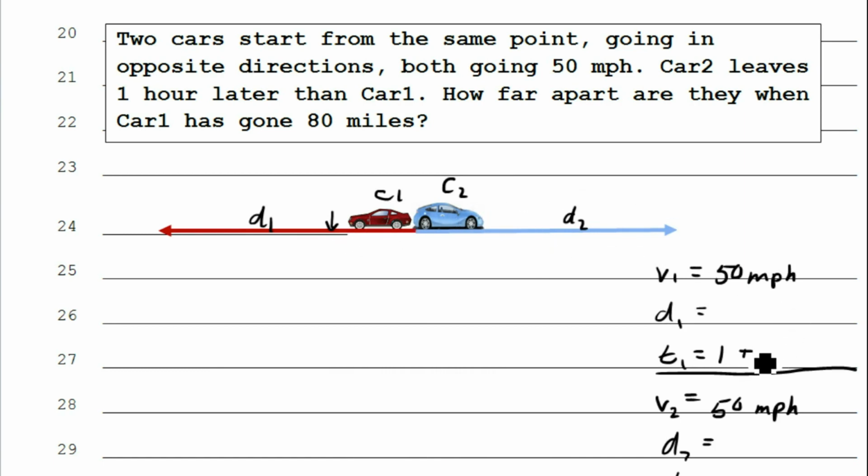So it would be 1 plus T2. Car 1 moves, car 2 stays. Car 1 goes an hour, write down an hour, and then car 2 is in motion, and for the rest of the time they're both on the road for the same amount of time. And you can call that time T2.